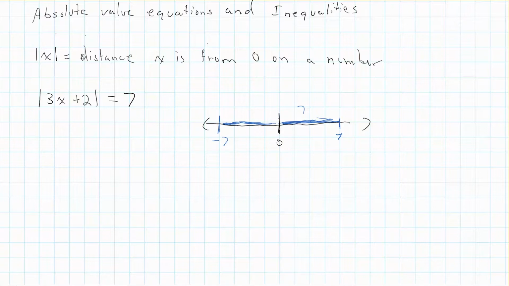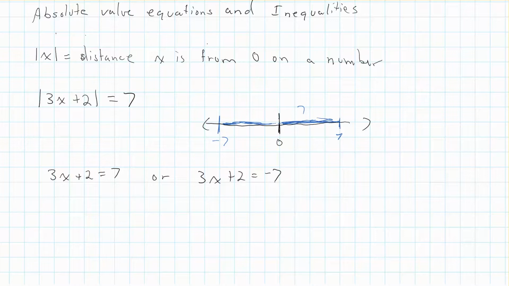So when we solve absolute value equations, we're actually going to wind up with two equations that we're going to solve. We'll wind up with 3x plus 2 equals 7, because that's one possibility, or the other possibility, because the distance is 7, is that 3x plus 2 equals negative 7. And then at this point it's just solving two equations.